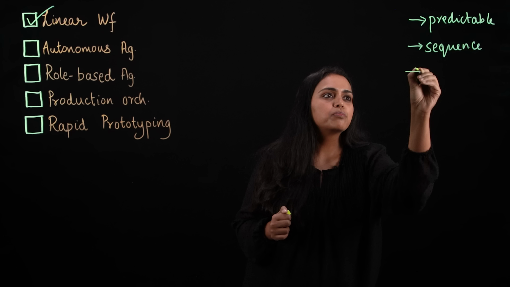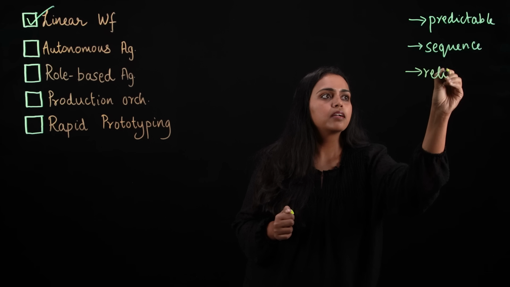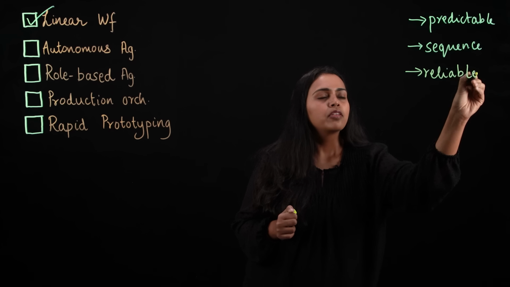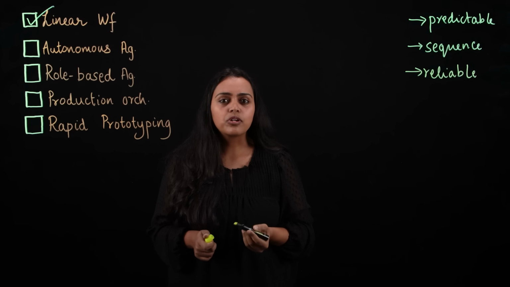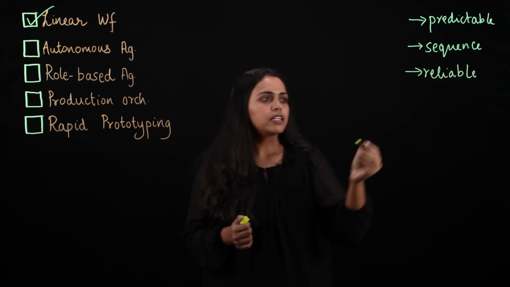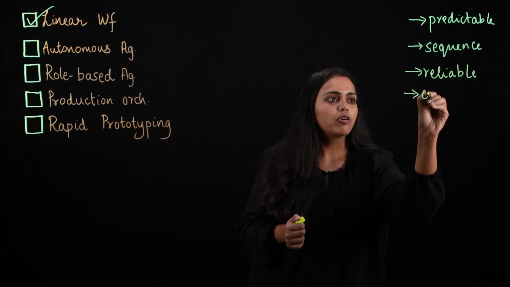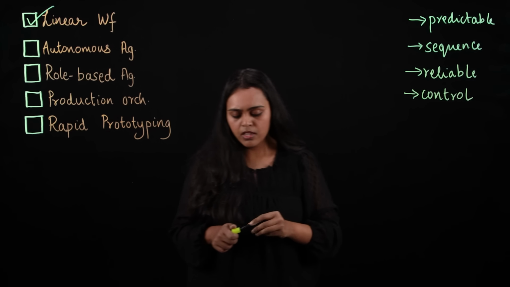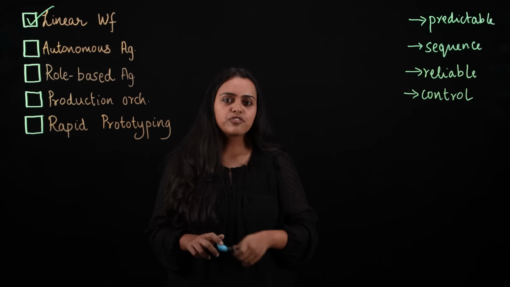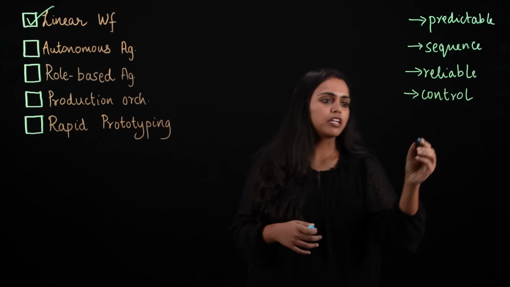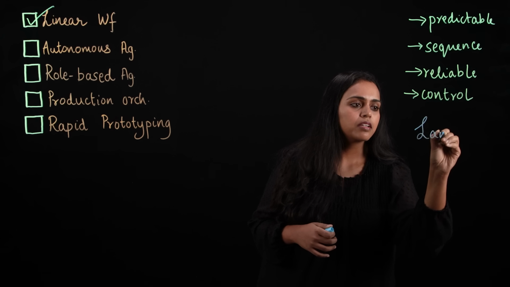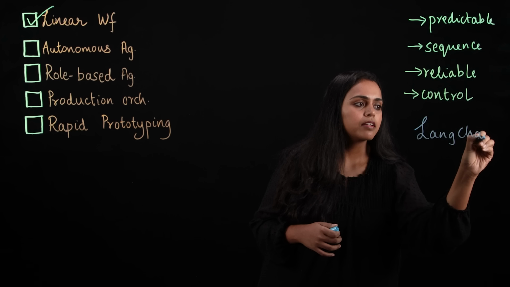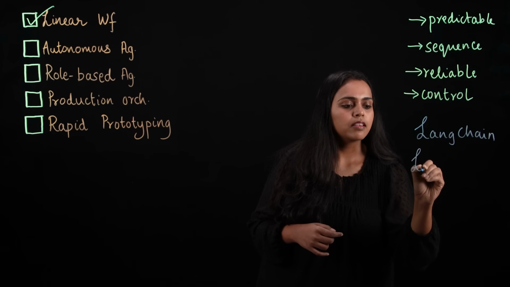Now, if you observe, these steps are progressing in a certain fashion, in a certain sequence. And these systems are more useful when you need the flows to be more reliable. There isn't a need for multiple agents to collaborate to make this happen. And that gives you more control on how things progress. A good example of frameworks that are suitable for this kind of a setup include LangChain and Llama Index.